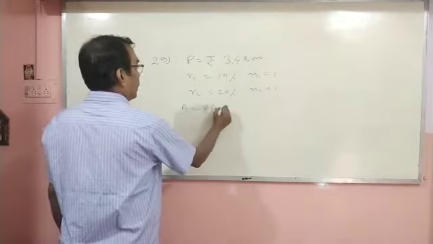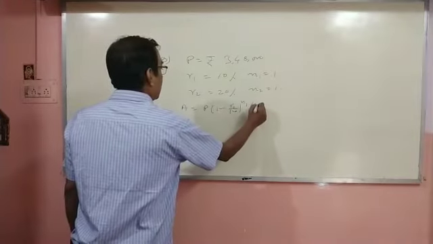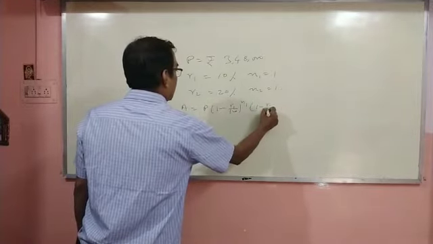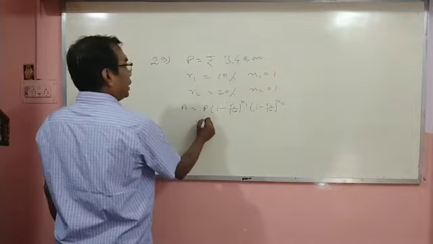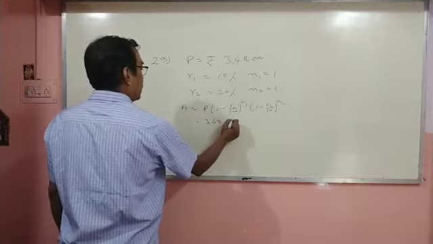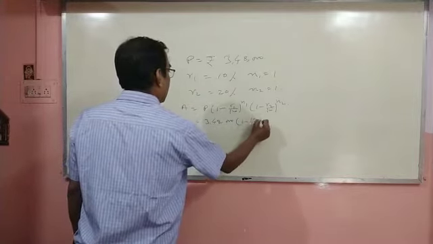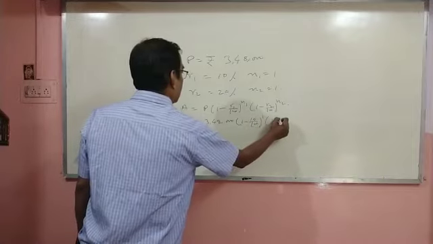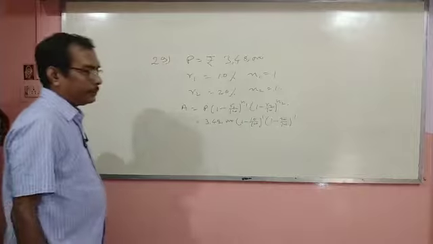P into 1 minus R1 by 100 whole raised to N1 into 1 minus R2 by 100 whole raised to N2. P is 3,48,000, 1 minus R1 is 10 by 100 power 1, 1 minus R2 is 20 by 100 power 1.